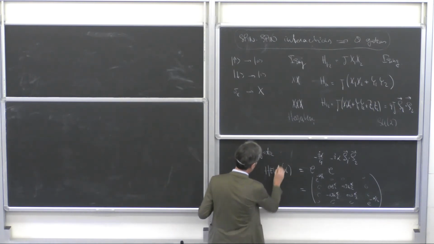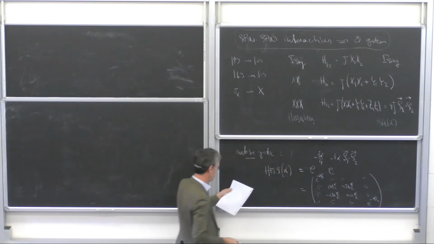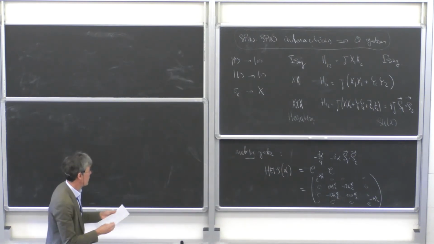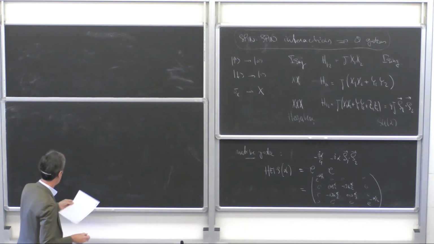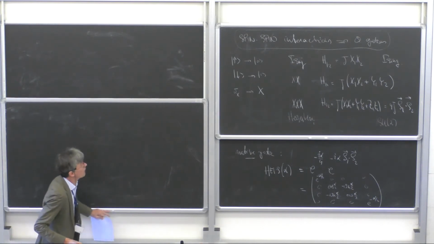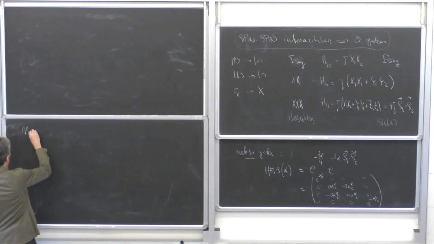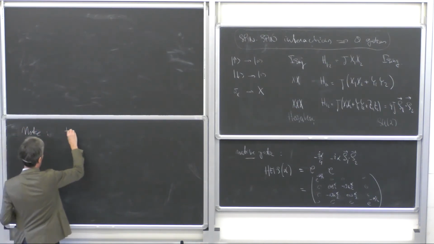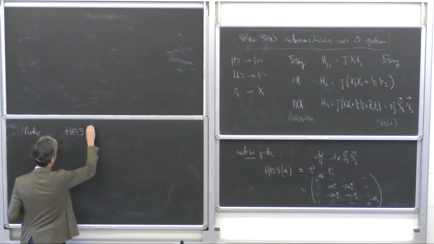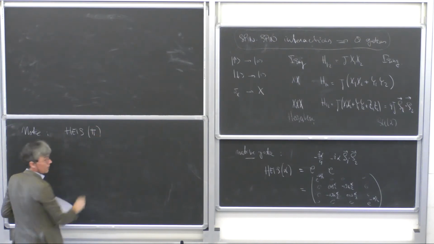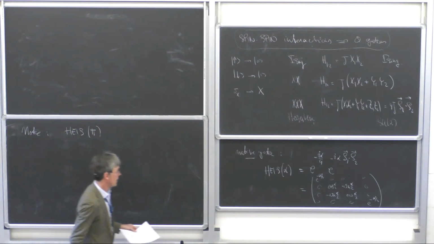And again, the challenge is to build a CNOT out of this constituent, so to say. Now, so how do we do this? Let's look at this alpha. So note, if I put pi for my angle alpha, let's see what that gives.